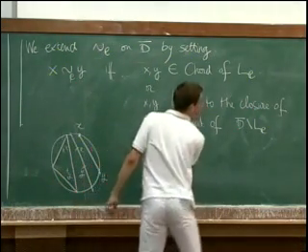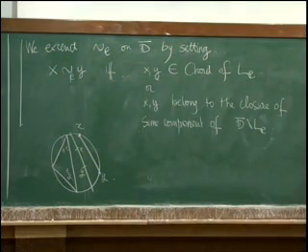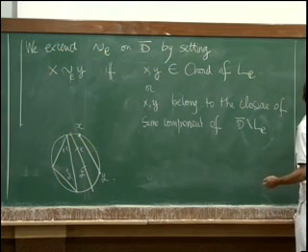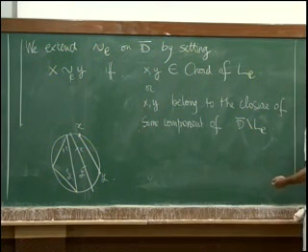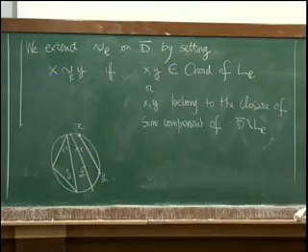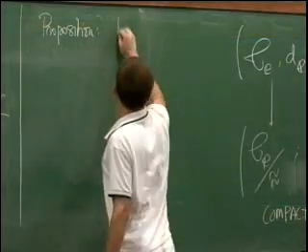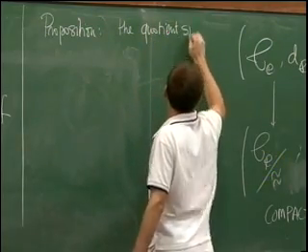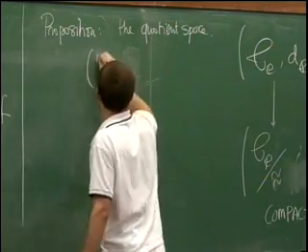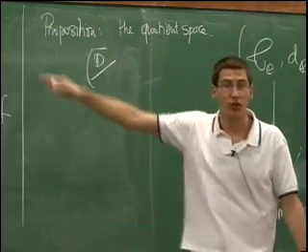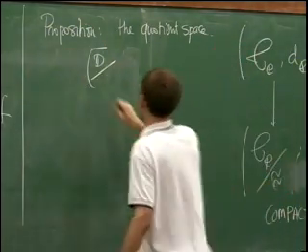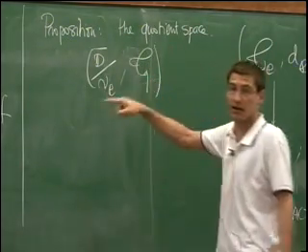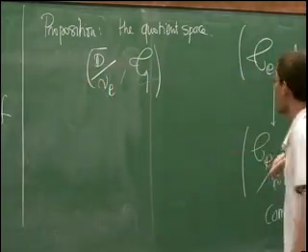So why did I do all these things? Because of the following proposition. Now you take the quotient space. So you take D bar with this equivalence relation that we've just extended, together with the quotient topology inherited from this equivalence relation.